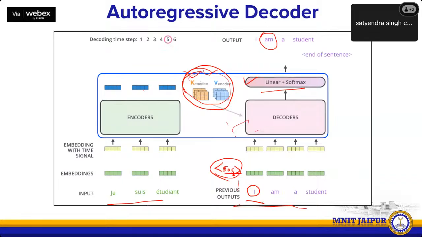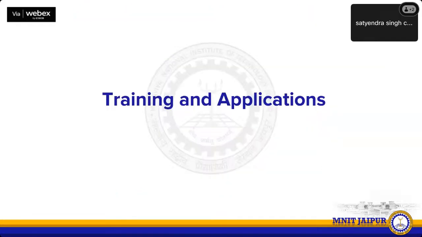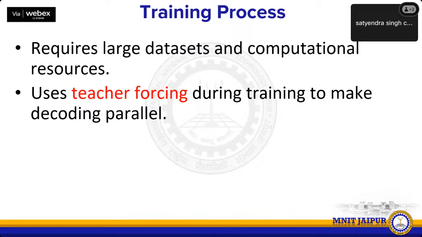So this needs lots of computation, and you need GPUs and TPUs for this. So this is the intuitive idea of how transformer works. I hope you have a slight idea how this works.